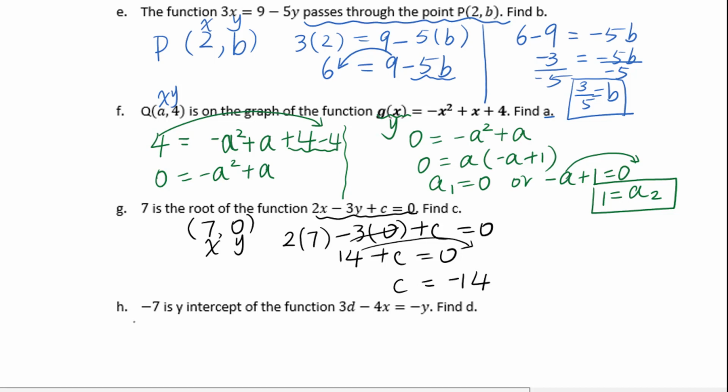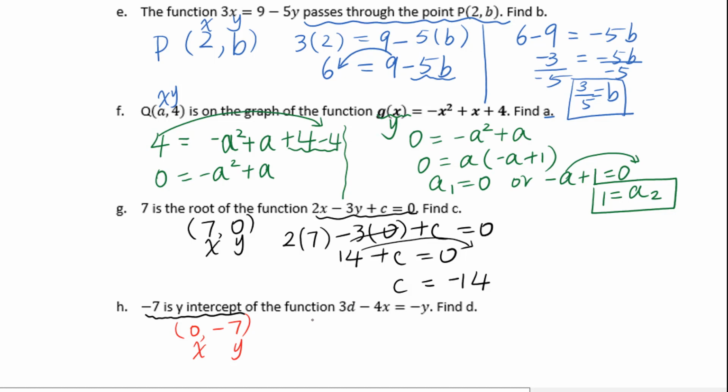Let's go to H. Negative 7 is the y-intercept of the function 3d minus 4x equals negative y. Find d. Since negative 7 is a y-intercept, which means (0, -7). This is x, this is y.